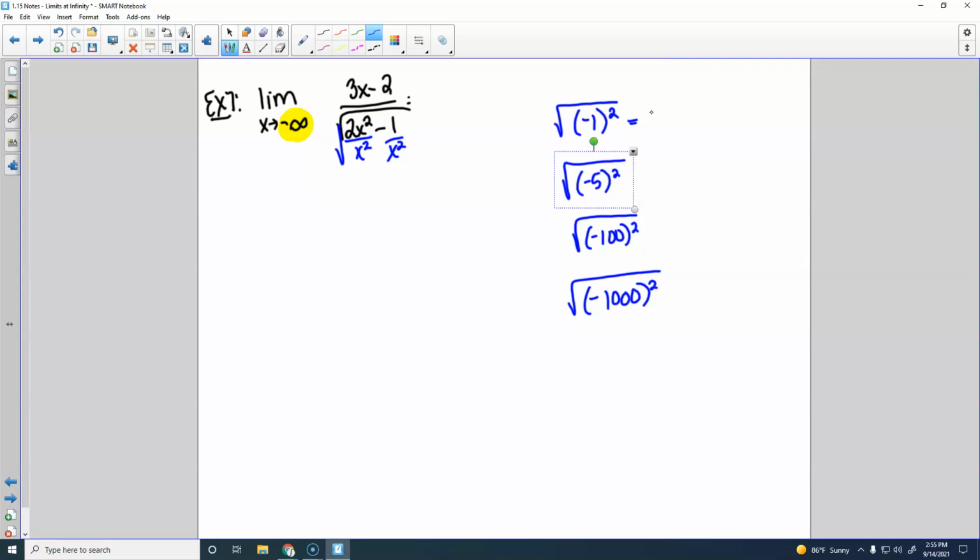But wait. What do we get whenever we take the square root and get a negative 1, a negative 5, a negative 100, a negative 1,000? Alright, so if you want to write this down, if x approaches negative infinity, the square root of x squared equals negative x.